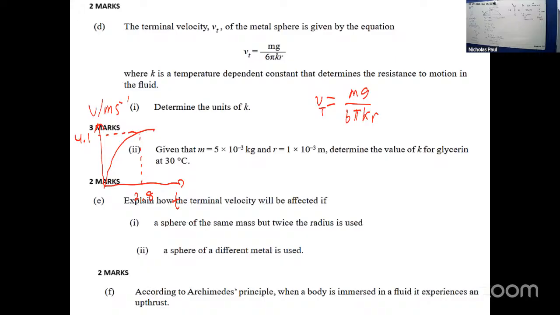Right, what's the part two? Pay attention. If the question gave you 9.8 or 9.81. Right, we said terminal velocity was 4.1.